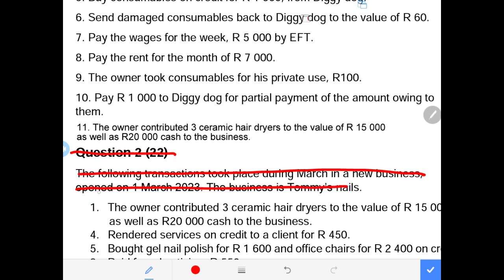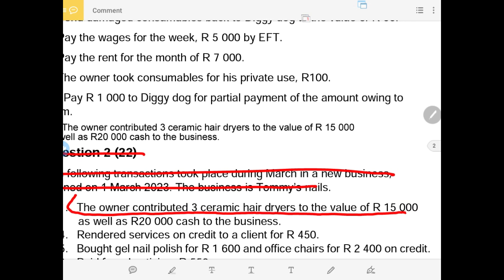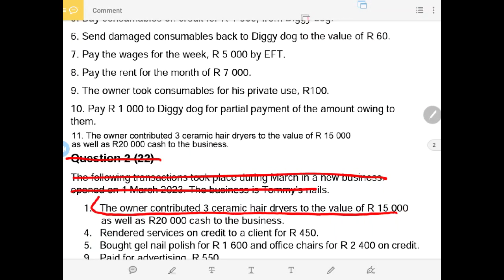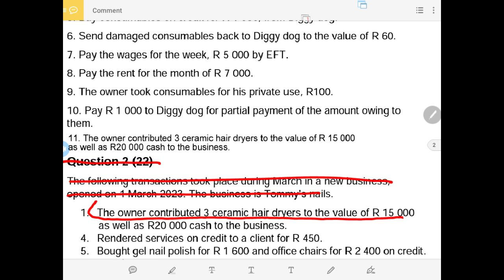It was number 1 of question 2 that I took, where the owner contributed 3 ceramic hair dryers to the value of 15,000 as well as 20,000 cash to the business. That will be the transaction we are dealing with.